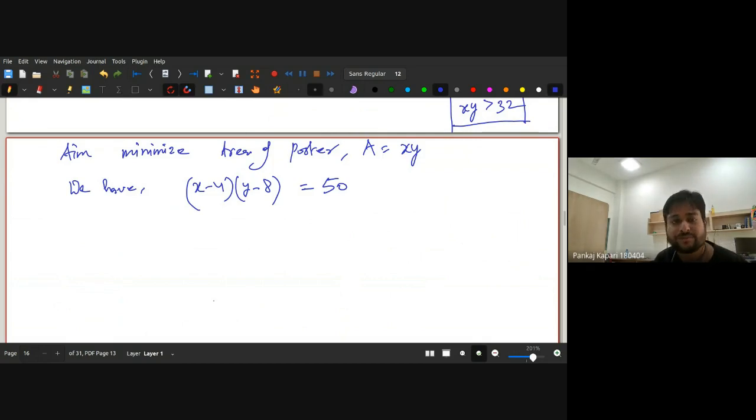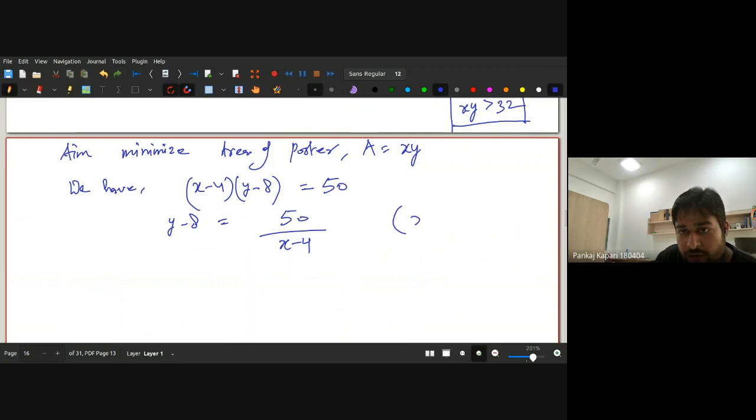So we will extract y from here. So y minus 8 is 50 divided by x minus 4.